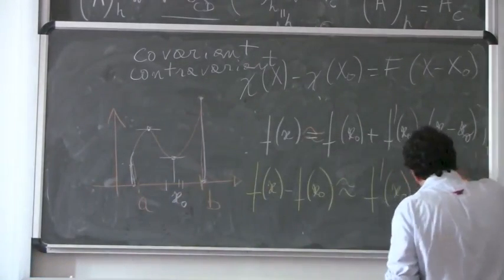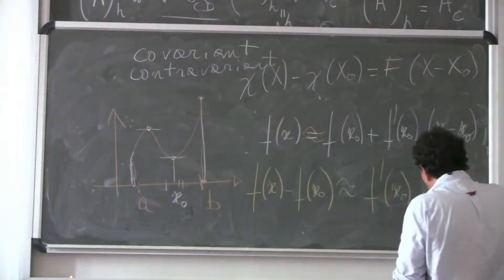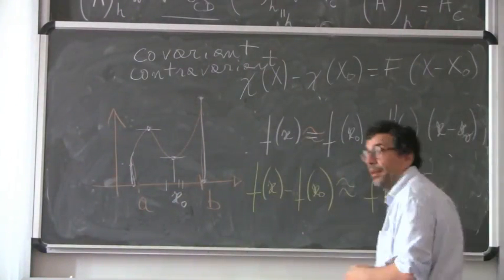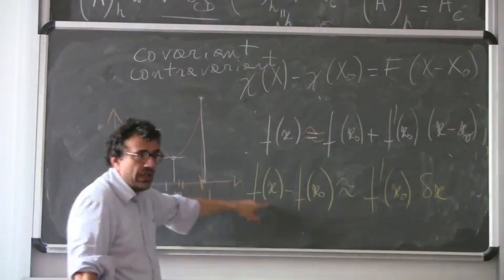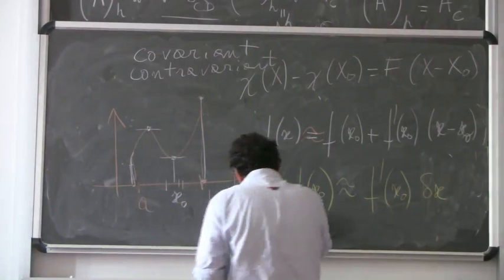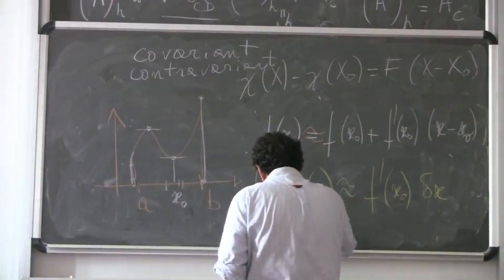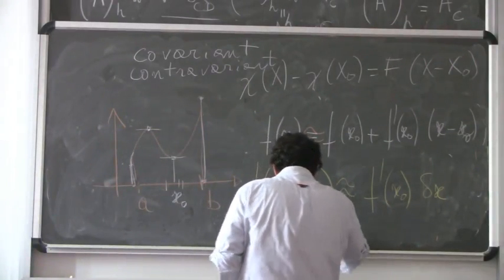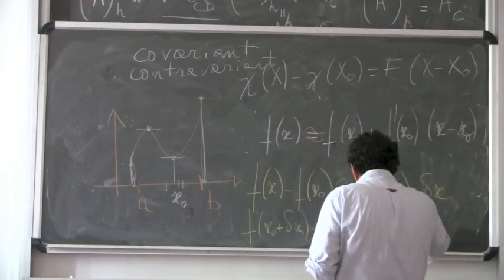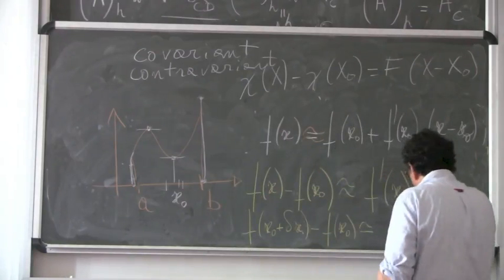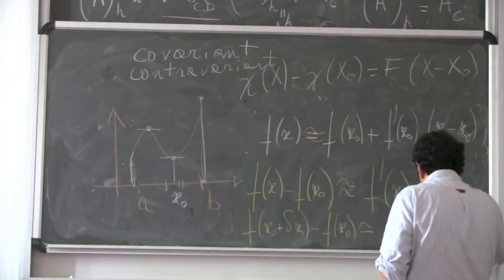So, we call this delta x. Okay? And of course here you have f of x0 plus delta x minus f of x0 nearly equal f prime x0 delta x.